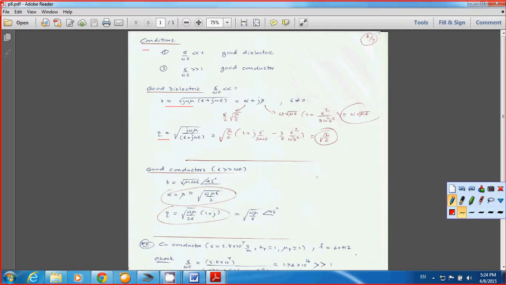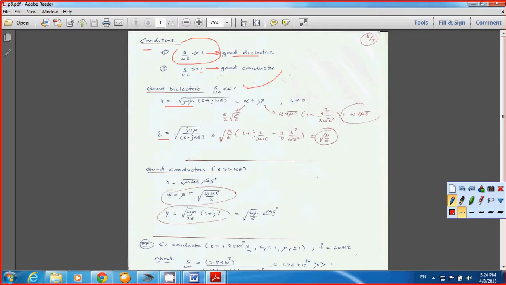But if you take a look at the condition in general, when you're talking about a good dielectric, we also have to consider the ratio of the sigma, or the conductivity, divided by omega epsilon. If it becomes much less than 1, we consider that media a good dielectric. But if the ratio of sigma over omega epsilon is much greater than 1, we consider that media a good conductor. Okay.